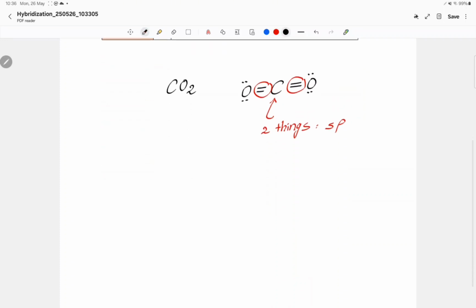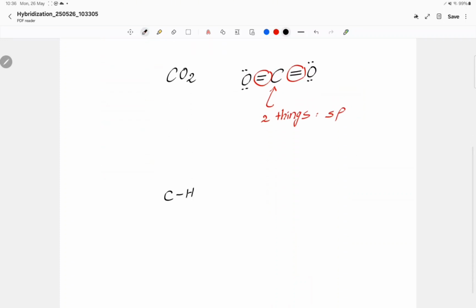Let's do another one. Let's do CH4. Here I see four things on the carbon: 1, 2, 3, 4. So four things would be an sp3. Let's do BCl3. Here I see three things on the B: 1, 2, 3.